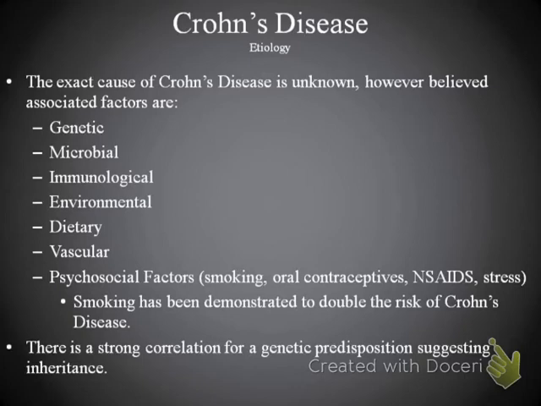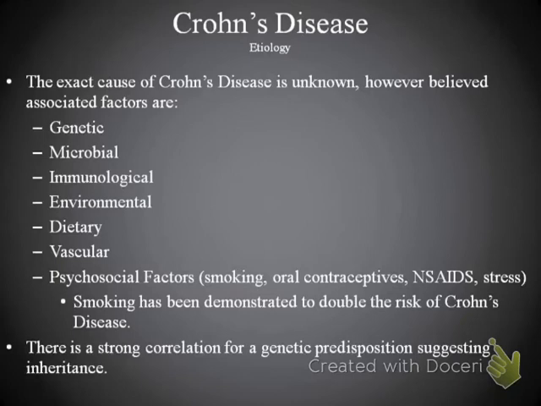So pretty much a lot of things can contribute to the possibility of developing Crohn's disease. However, one of the big things is genetic. So pretty much you're born with the factors that can lead to Crohn's disease, and what we really don't know is if you're born with these factors and you only need other mitigating factors to actually set it off, such as the psychosocial or the dietary or vascular or microbial.